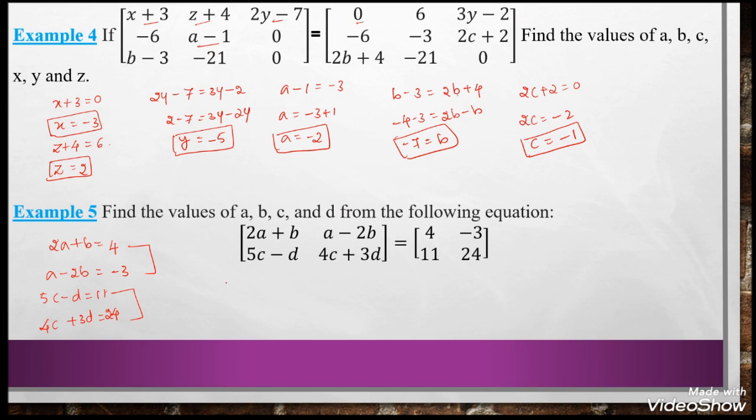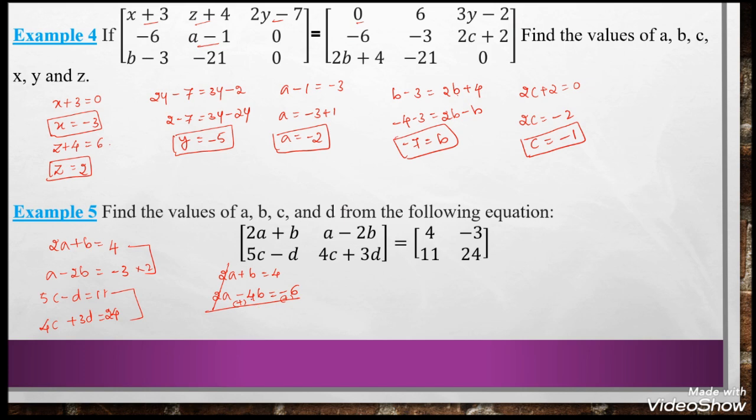From the first one I have taken 2a plus b is equal to 4. Have to balance this one by multiplying: 2a minus 4b is equal to minus 6. Here I am multiplying by 2 for equating the equation. Then it becomes, take minus, here it becomes plus, here also plus.